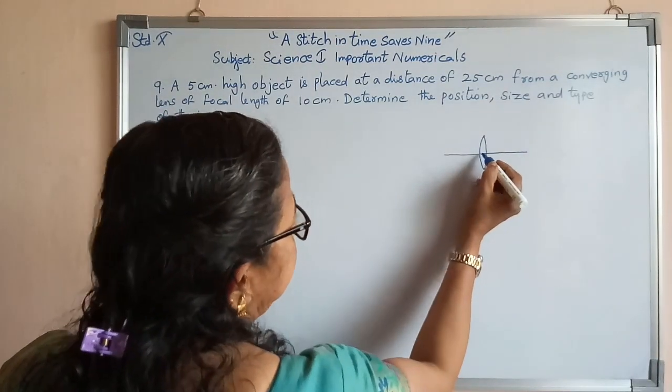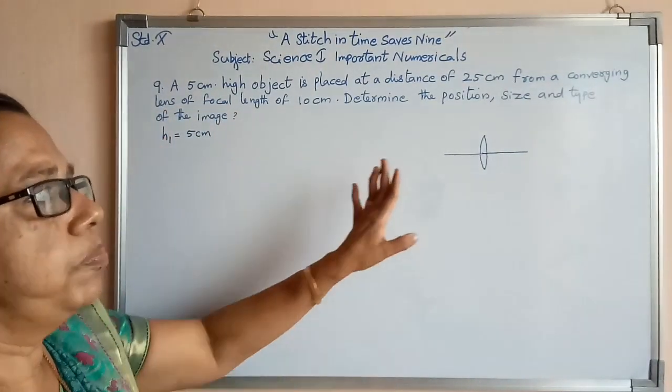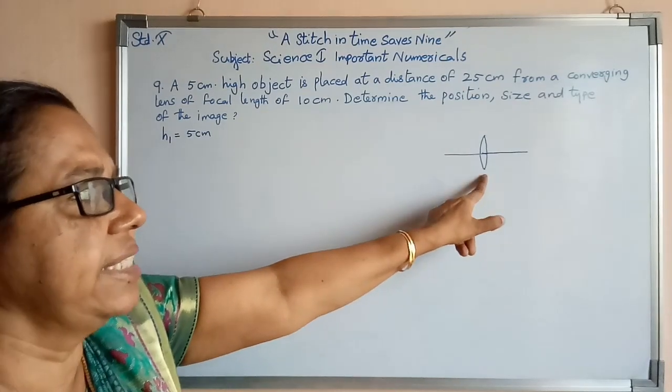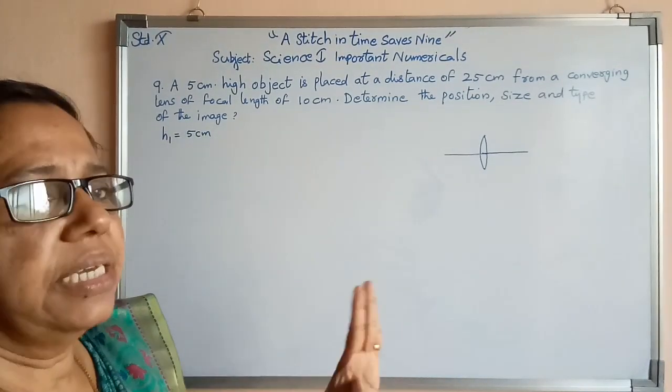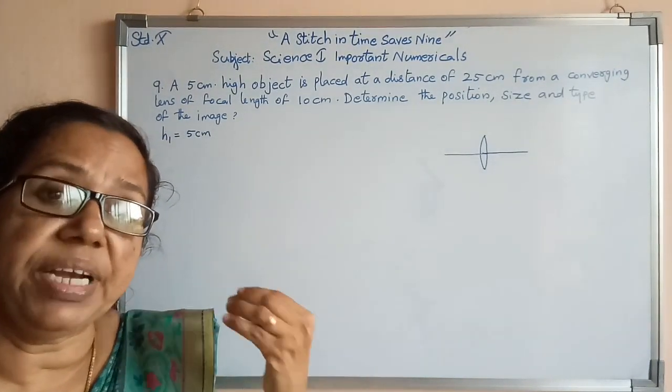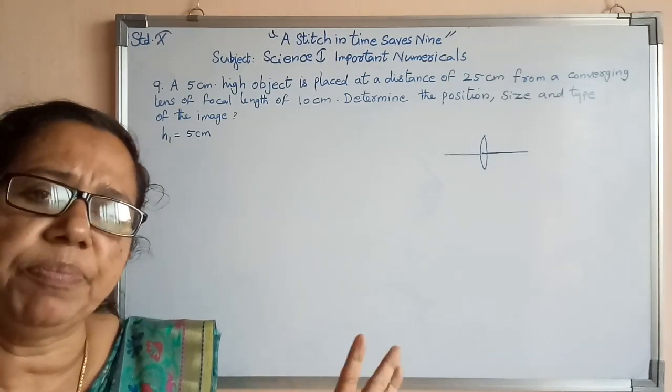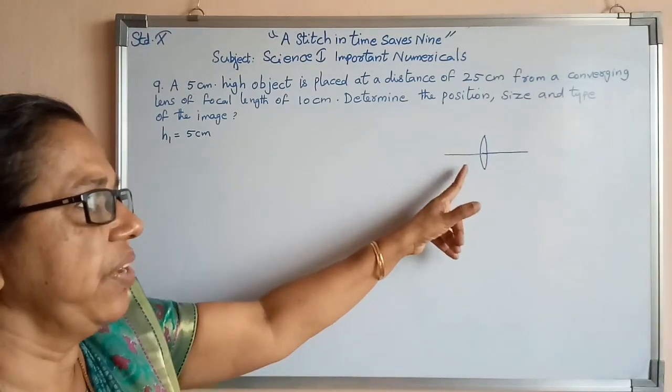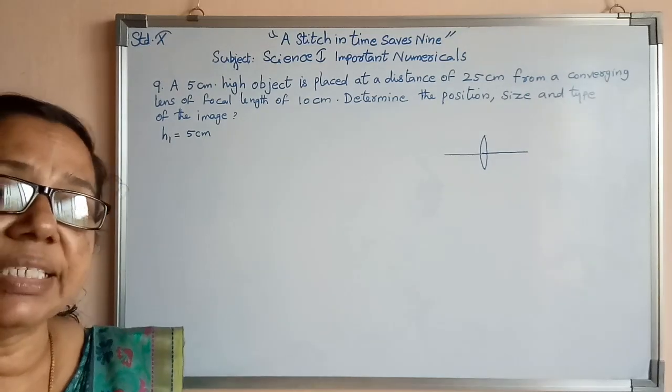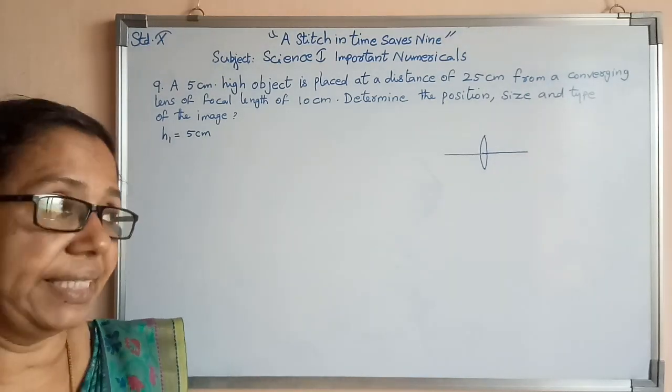From this, always the object we have to keep, this is the lens. Every time the object distance will be negative. Why? The object we have to place at the left hand side of the lens.